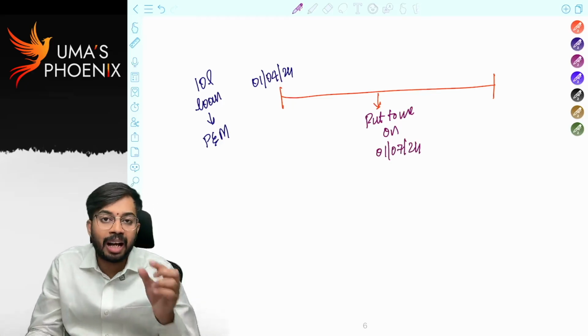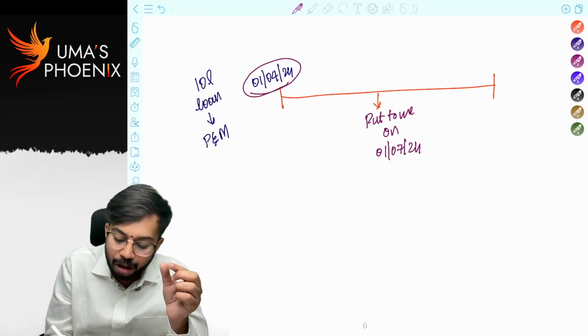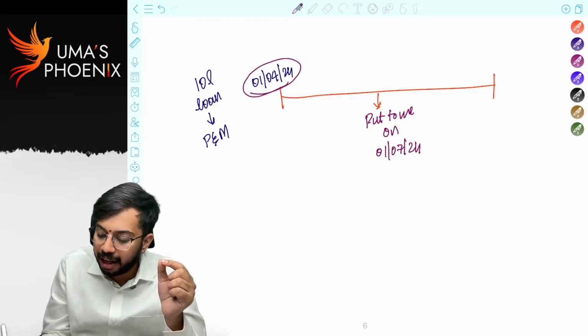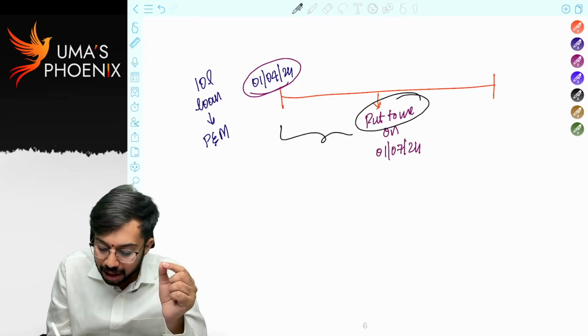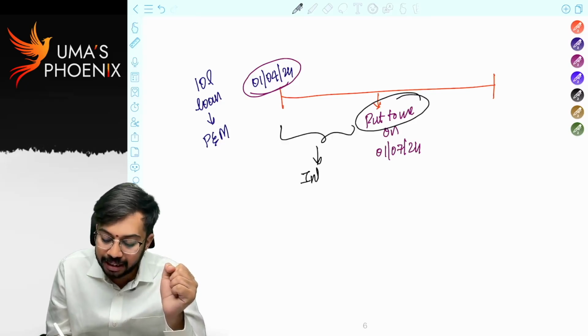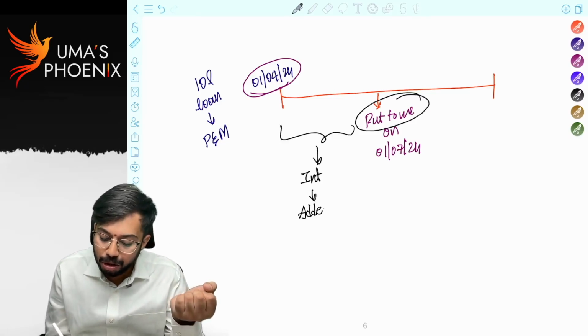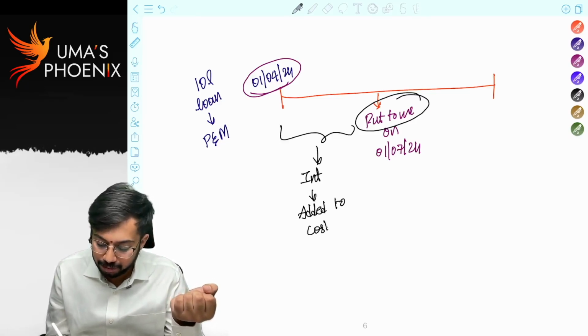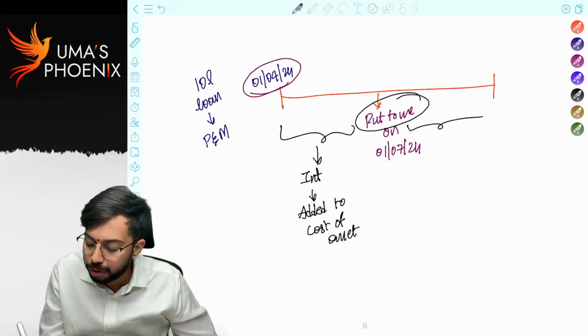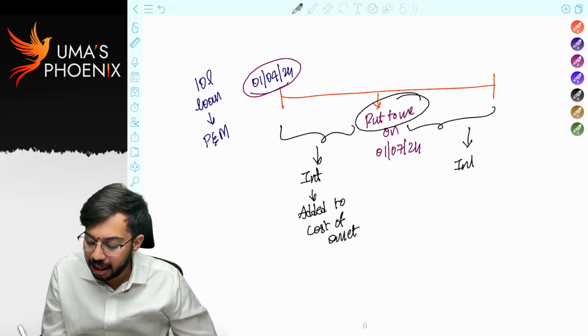So whatever interest amount is there from the date of borrowing up to the date the asset was first put to use, this is interest of capital nature. This interest will be added to the cost of the asset and will not be debited to P&L account. From put to use onwards, whatever interest is there will be debited to P&L account.